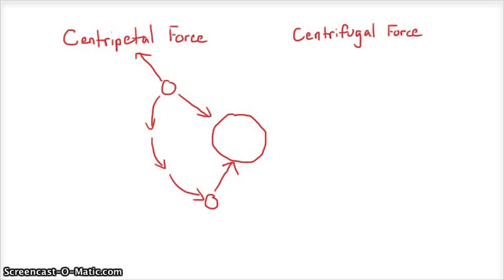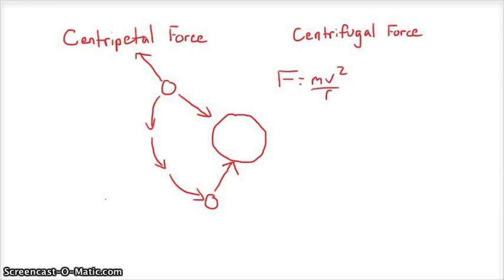So what's the equation that we can use in order to solve for centripetal force? The equation is F equals mv squared over r. Now, I'm sure that in your reading, you learned about how a centripetal force was a real force, whereas a centrifugal force was a fictitious force. What did that mean?